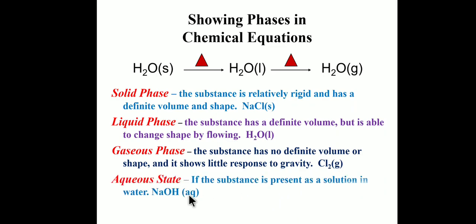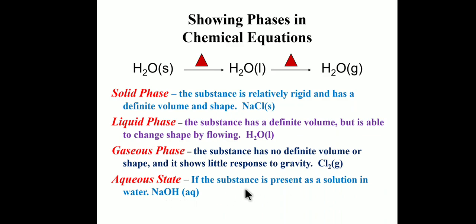Coming to the aqueous state. If the substance is present as a solution in water, that is the aqueous state. That means if the substance is dissolved in water, it is generally called the aqueous state.